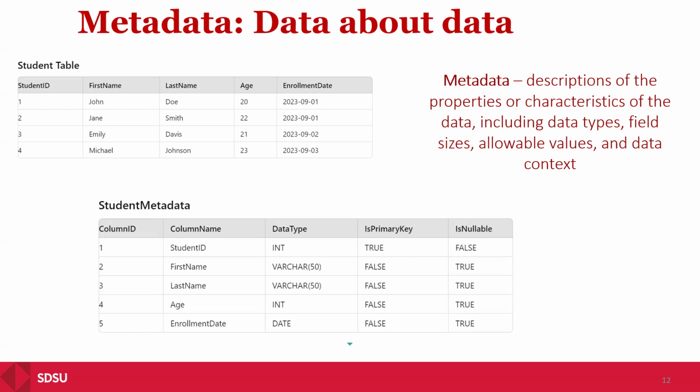Each one of those columns stores specific structured data, because again, SQL tables store structured data. So column student ID will have an int data type. First name is varchar, last name is also varchar. Varchar is just a character or a string. Also we have information on whether it's nullable, so can we store nulls? For student ID we cannot, for the rest of the fields we can. So metadata is data about data.